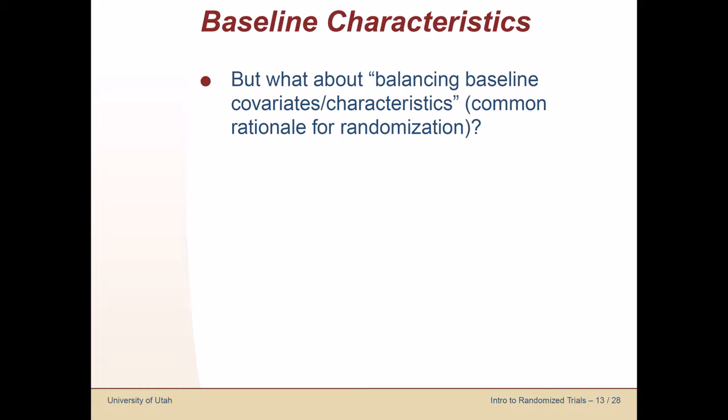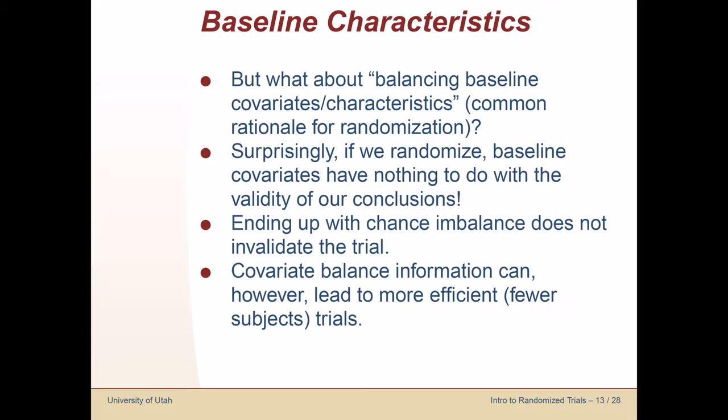But what about this whole idea of making the groups comparable or balancing baseline characteristics? This is commonly used as the rationale for randomization. And again, randomization does tend to balance these things, but that's not the real reason for randomization. And surprisingly, once we've randomized, the baseline covariates actually have nothing to do with the validity of our conclusions.